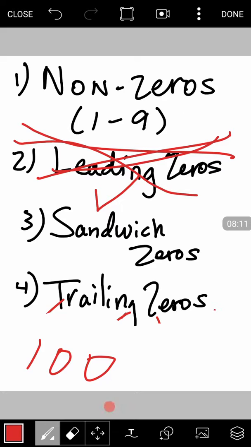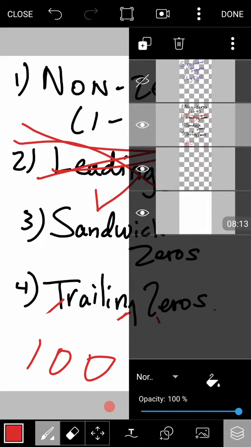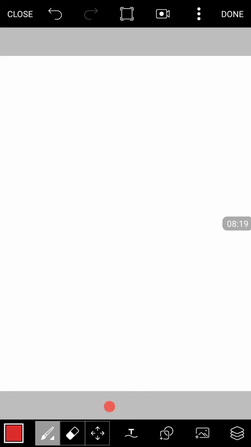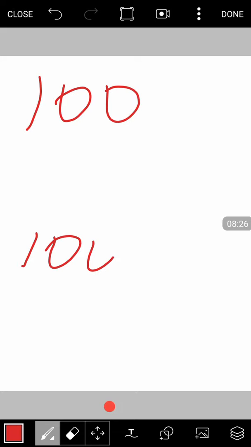Are they important? There are 2 situations we must consider for this. I hate to make it seem a little more complicated. We can have 100, or we can have a number like 100.0.